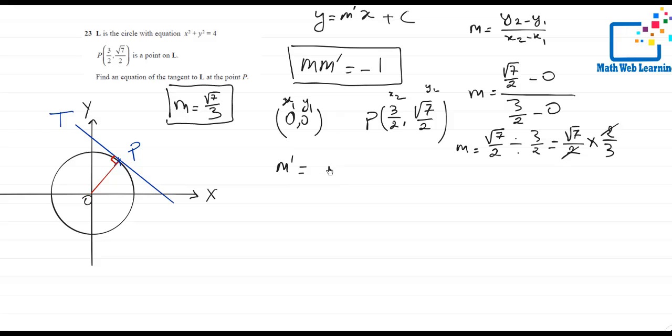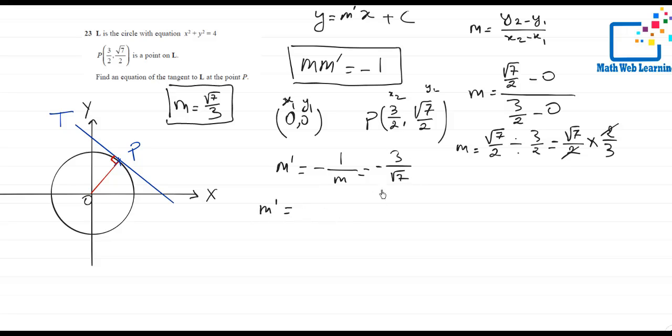So in order to do that, you do -1 over the gradient m. Basically you do the reciprocal and you times it by -1. And the reciprocal of root of 7 over 3, you know it is 3 over root of 7. And let's not forget, we times it by -1. So that is m dash, or m prime.